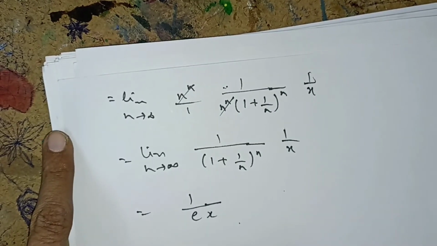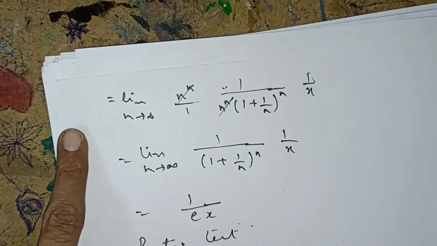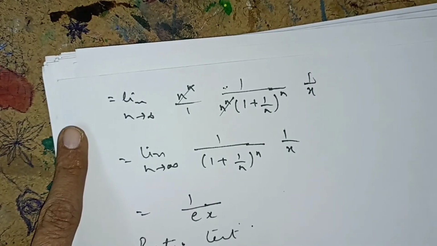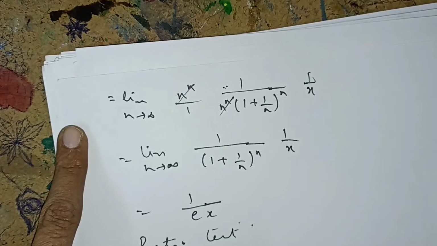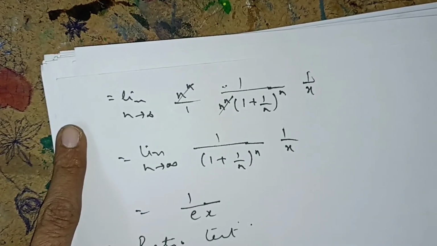Based on this, by ratio test, we have to write the conclusions. By ratio test, if 1 by ex is greater than 1, sigma un is convergent.